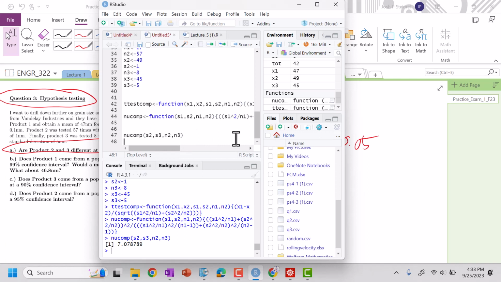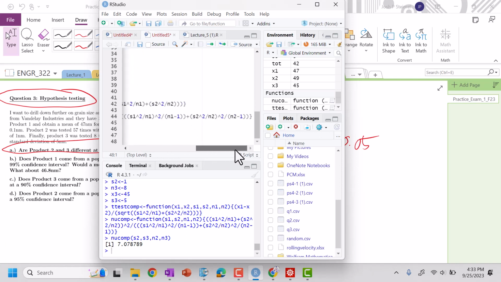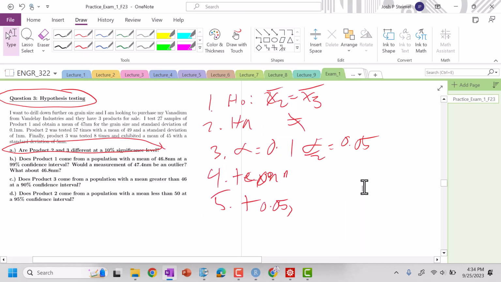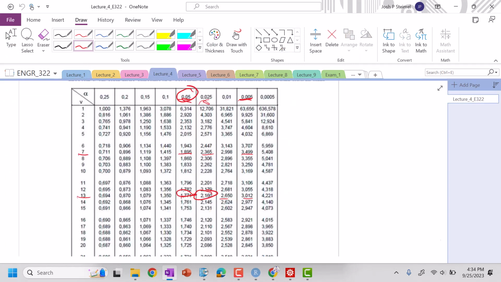Hopefully there's not an issue with those variables being defined as such. That is concerning. Hopefully, I think it should be fine. So I'm going to say that my nu is 7. So I can go ahead and look at that right now. So 0.05, 7, 1.895.